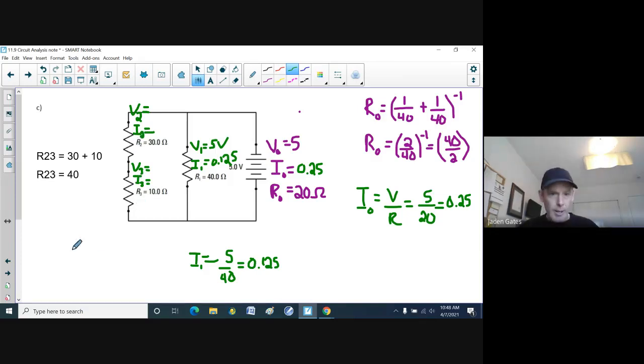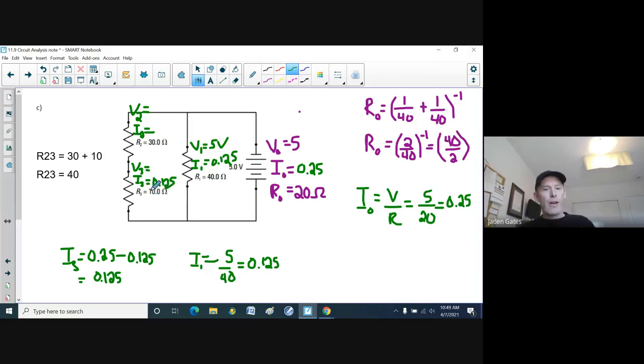Now, if I take my 0.25 and subtract 0.125, I'll get the current that goes down load number 3. And in fact, half goes down one way and half goes down the other, because it's 0.125. So there we go, 0.125.